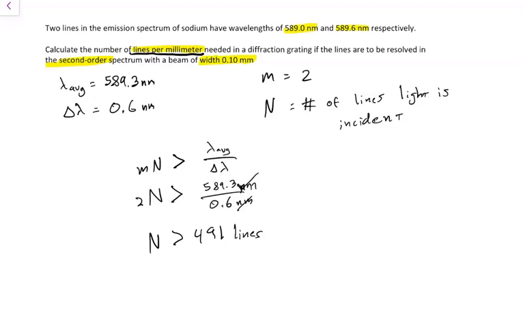That means if light is traveling right here, and that distance is 0.1 millimeters, then we should see in that distance 491 lines. So how do I get lines per meter in this case, or in this case, lines per millimeter?